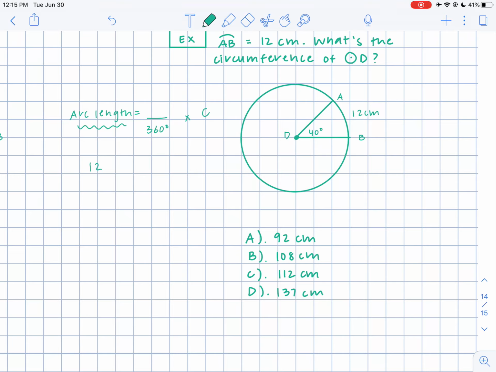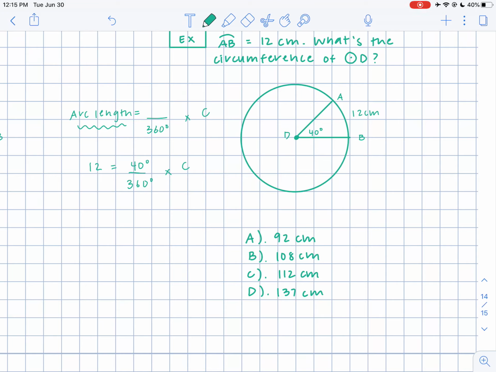Okay, well, we're given the arc length. So we can plug it in. 12 equals, let's just start plugging in what we know, times c. We don't know the circumference, so we'll leave that alone. Now this part, remember, that would just be the measure of the arc in degrees. We can see that it's 40 degrees.